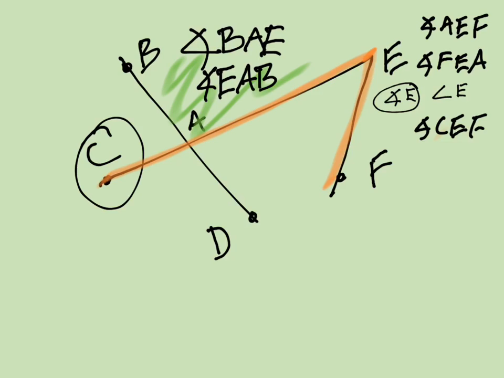Or we could have named it angle F, E, C. Lots of different names for the same angle. So we could call it angle E because there's only one angle E, or we could have called it A, E, F, or F, E, A, or C, E, F, or F, E, C. Lots of different names.